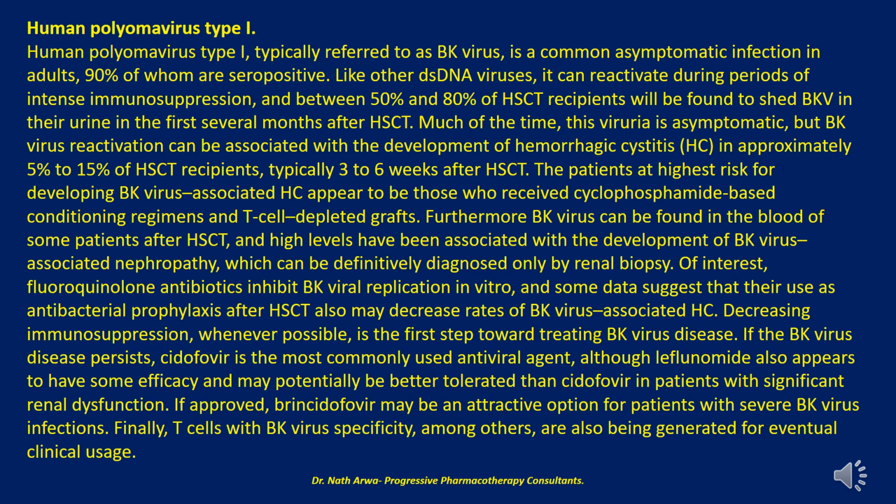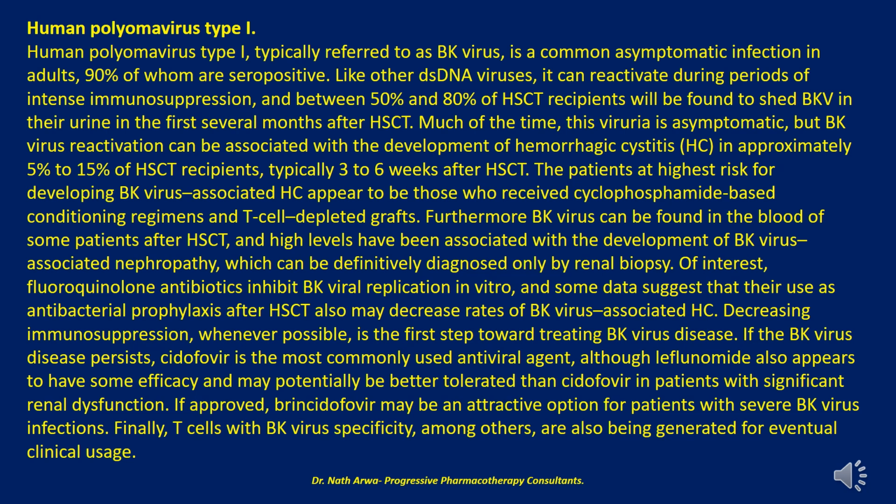Much of the time, this viruria is asymptomatic, but BK virus reactivation can be associated with the development of hemorrhagic cystitis, abbreviated as HC, in approximately 5% to 15% of hematopoietic stem cell transplantation recipients, typically 3 to 6 weeks after hematopoietic stem cell transplantation.